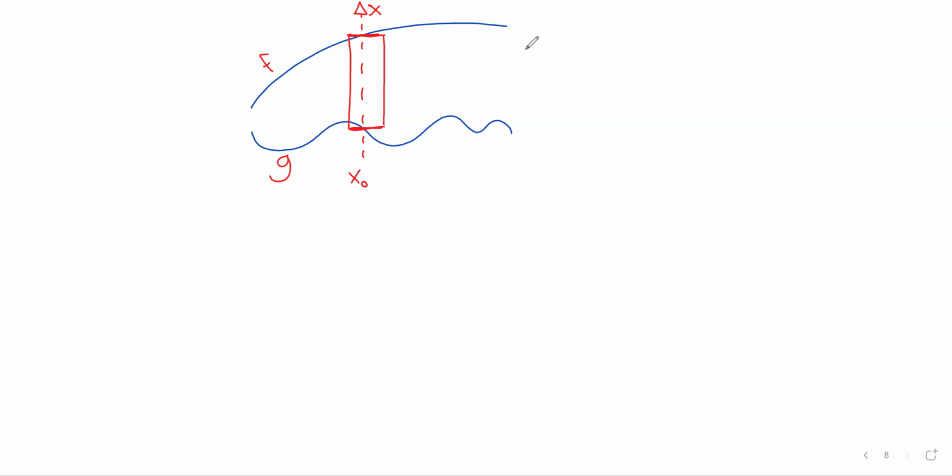Then the area of that rectangle is f of x sub 0 minus g of x sub 0 times delta x. This f of x sub 0 minus g of x sub 0 is this distance. This is f of x sub 0, this is g of x sub 0. To find the distance, we subtract the smaller number from the bigger number.